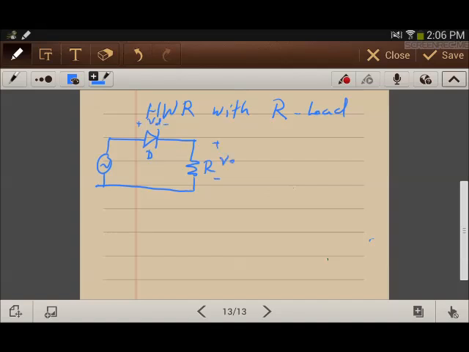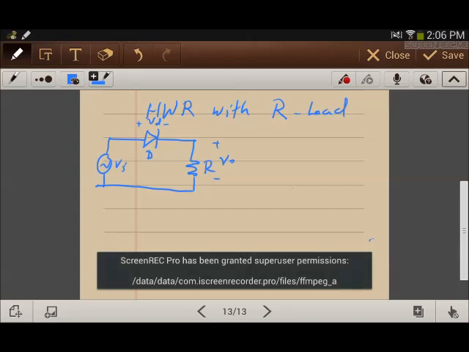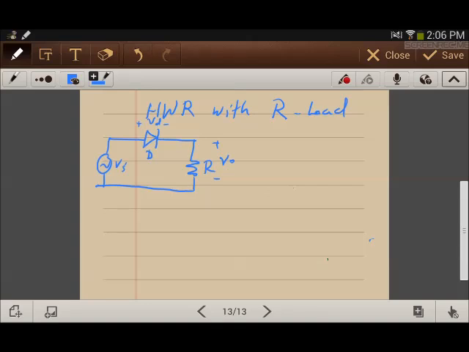V out is the output voltage across the resistance, and this is the voltage of the source. If I want to graph the voltage waveform of the voltage source, it will be like that. This is the maximum value of the voltage. This is T, the period.